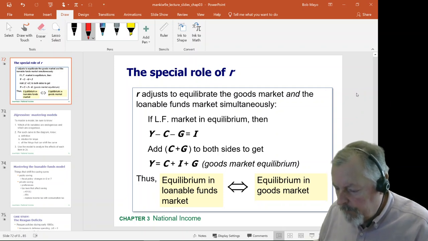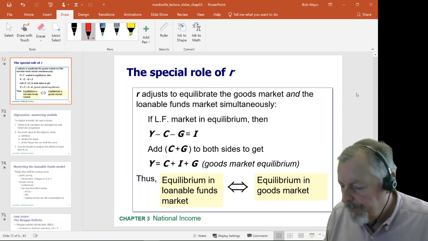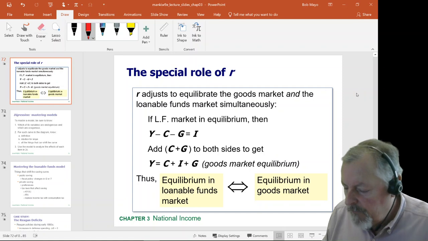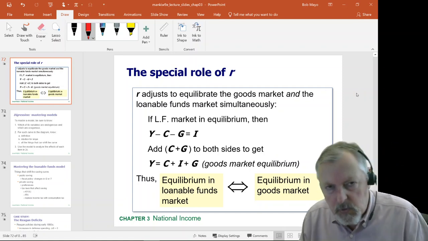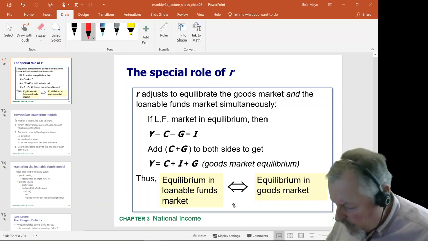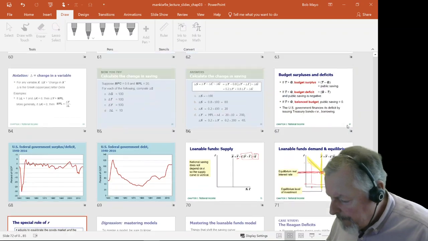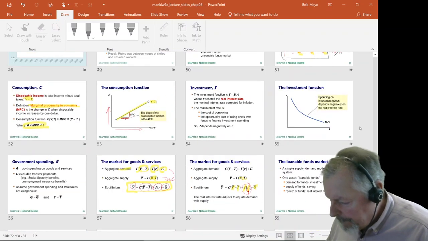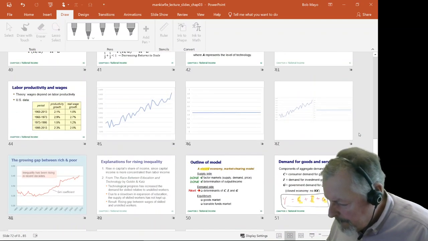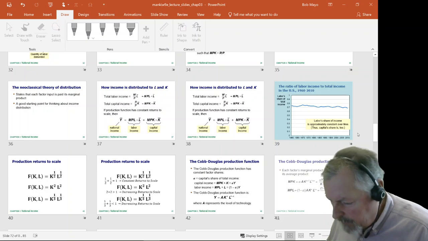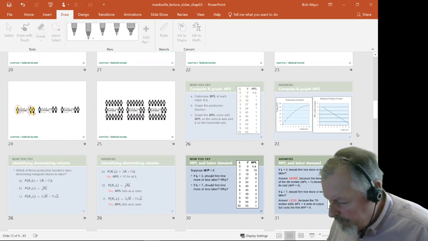And if you have one market in equilibrium, because, let me go back to that graph. Where is it? Give me just a moment.